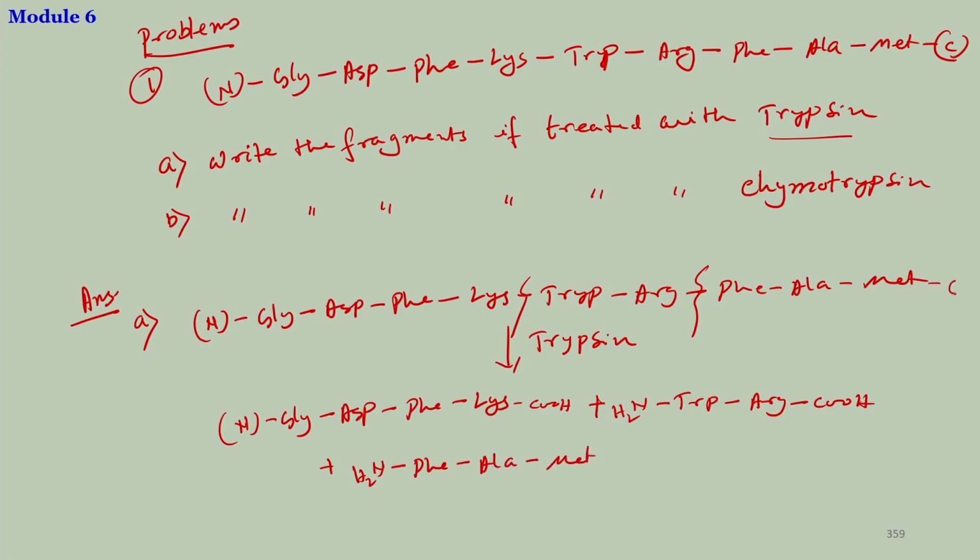So, this is the C terminal end. So, this is the C terminal. So, these are the three fragments that you can expect if you treat this specific protein sequence with trypsin.